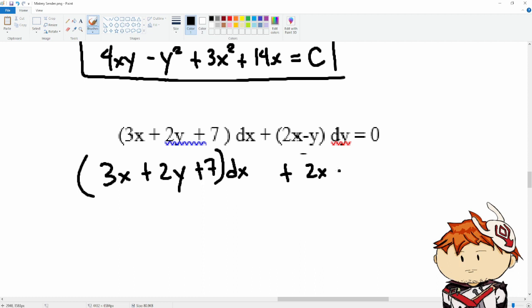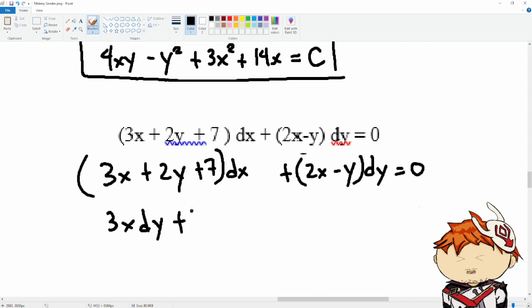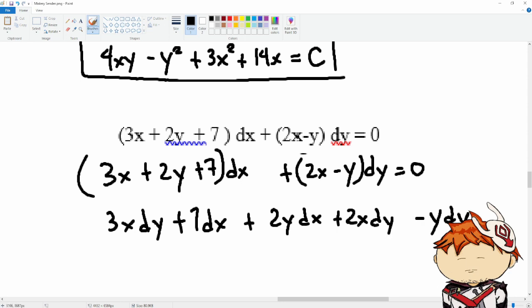I think we can. I can already see the 2y dx and 2x dy. So this will become 3x dx plus 7 dx plus 2y dx plus 2x dy minus y dy.